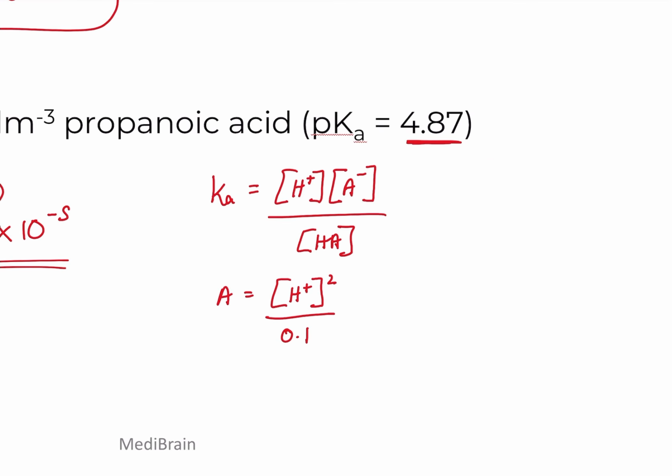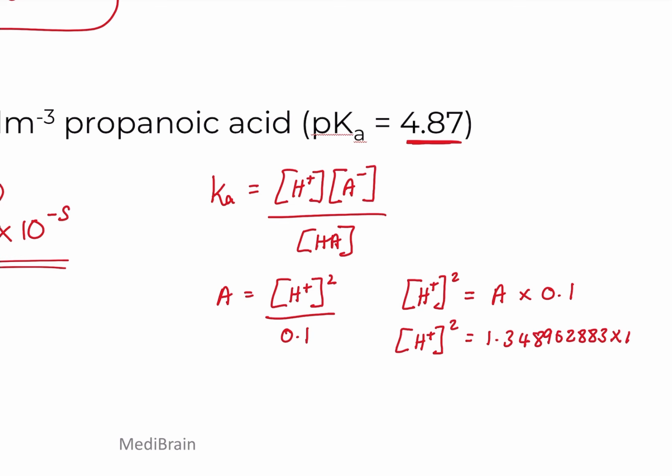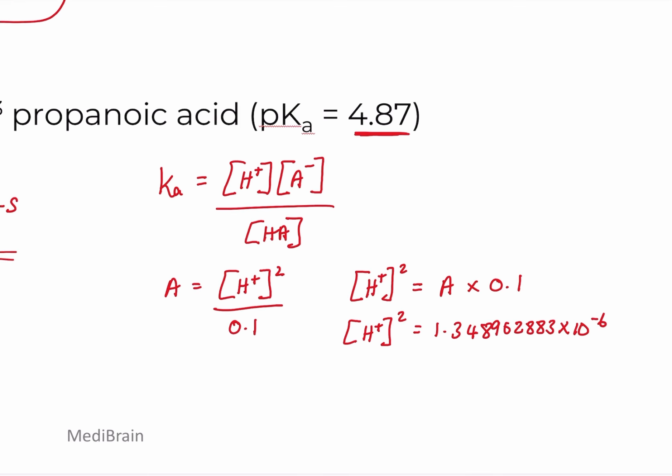So we're going to rearrange. We get that H plus squared equals A multiplied by 0.1, which means that H plus squared is equal to 1.3489622883 multiplied by 10 to the power of negative 6.